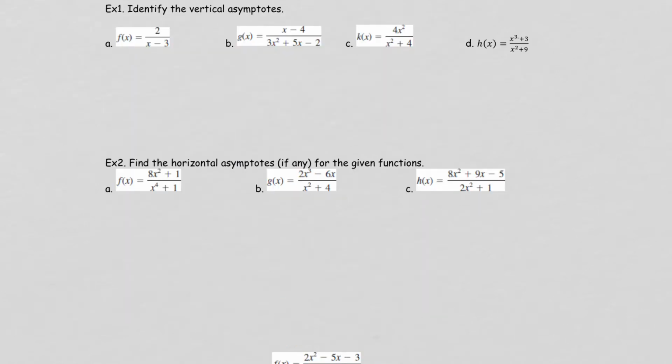So we're going to start by going over example 1, where you're going to learn how to find the vertical asymptotes. For a vertical asymptote, what you need to do is find the restriction of your x, right? So we did that before. How do we find the restrictions? We will let the denominator equal 0 and find the value where your denominator will become 0.